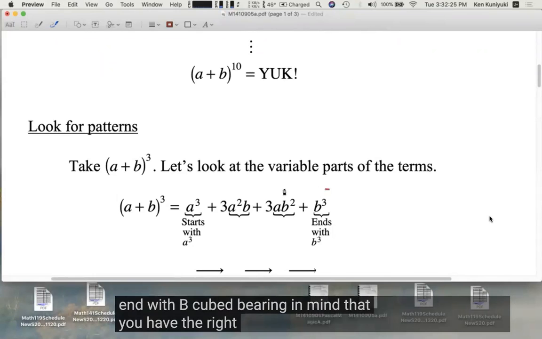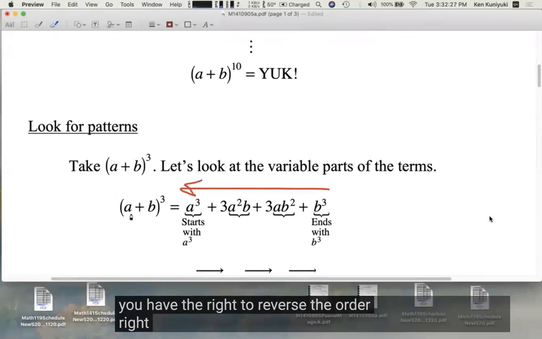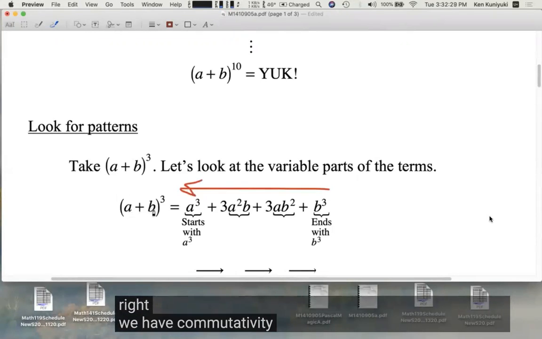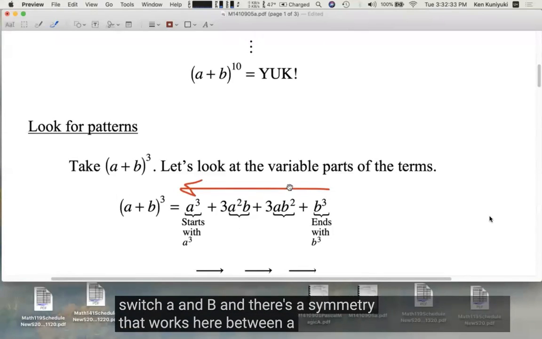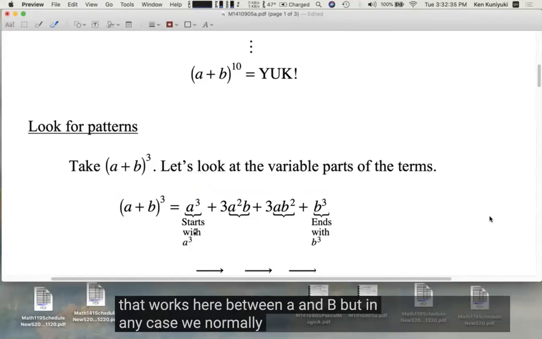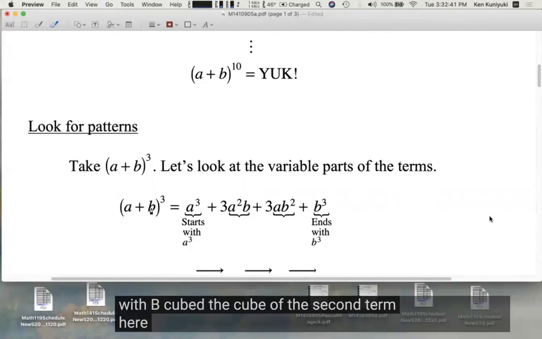Bearing in mind that you have the right to reverse the order, right? We have commutativity here. You can switch a and b, and there's a symmetry that works here between a and b. But in any case, we normally start with a cubed, the cube of the first term, and we end with b cubed, the cube of the second term here.